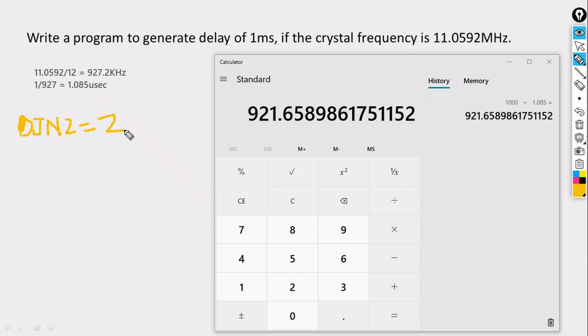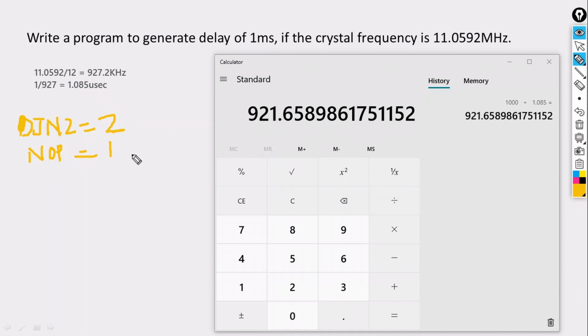And then if I use one NOP operation, I'll get 1 machine cycle. So that is 3 machine cycles, and 921 is almost equal to 1000.